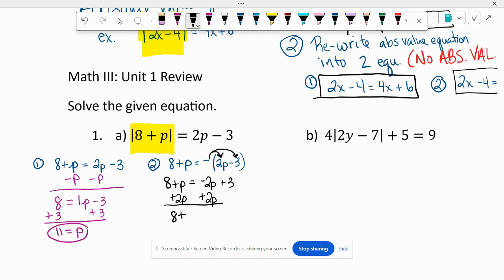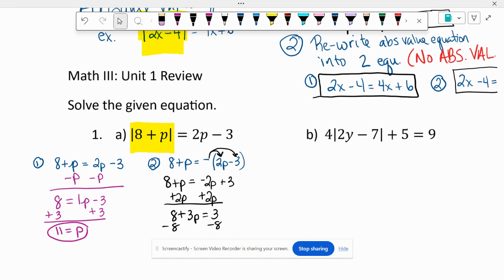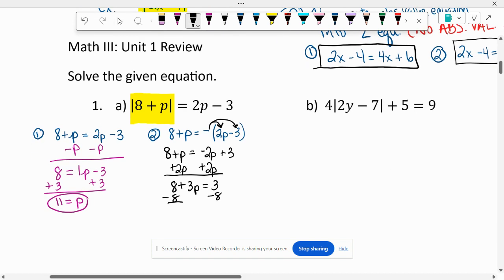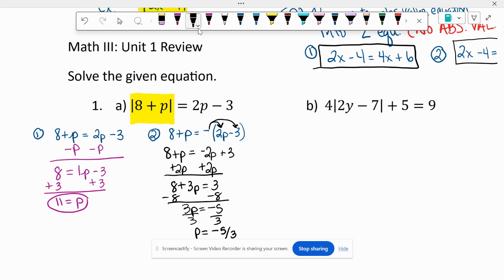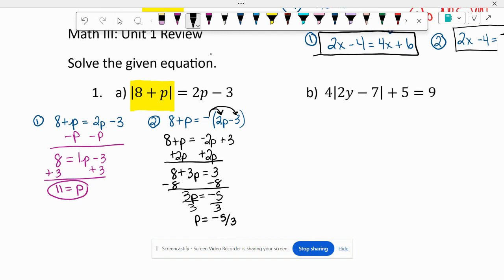So 8 plus 3P equals 3, and then I'm going to subtract 8 from both sides. And when I do that, I have 3P equals negative 5, divide both sides by 3, which means P equals a negative 5/3.